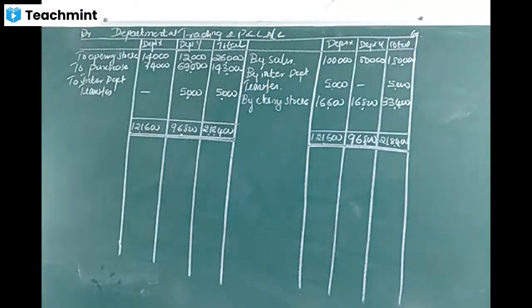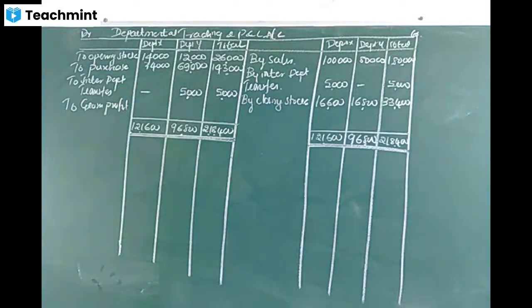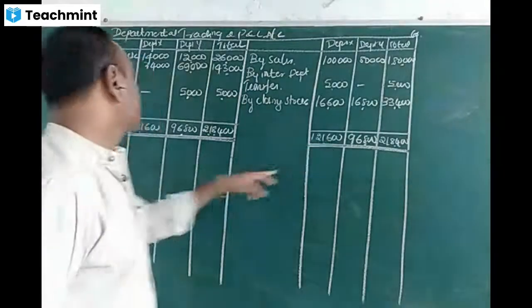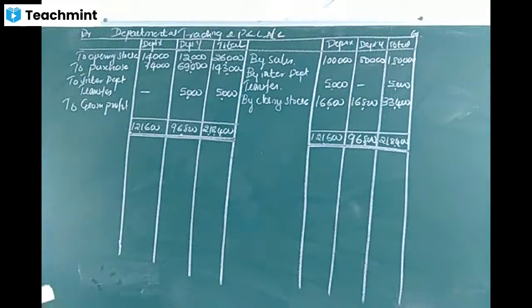So identify how much gross profit we are getting from 1,21,600. Make deduction of these two, that is 14,000 and 74,000. 33,600.